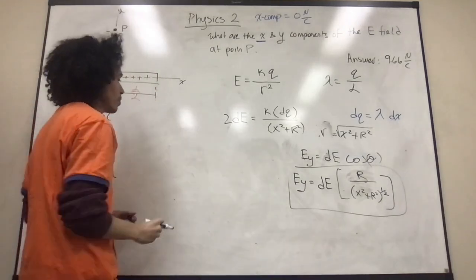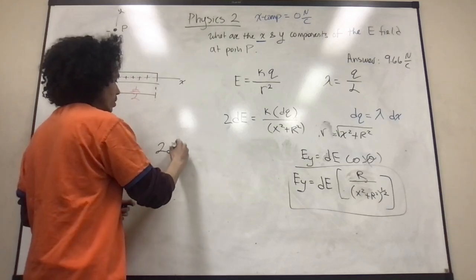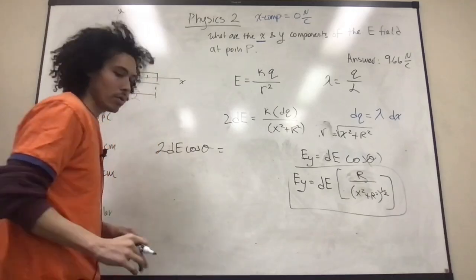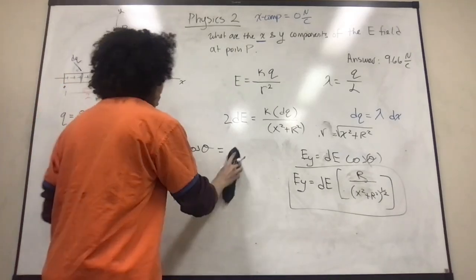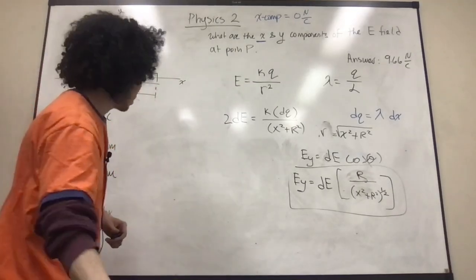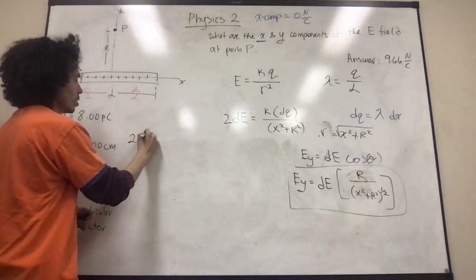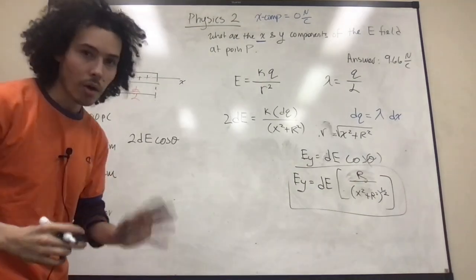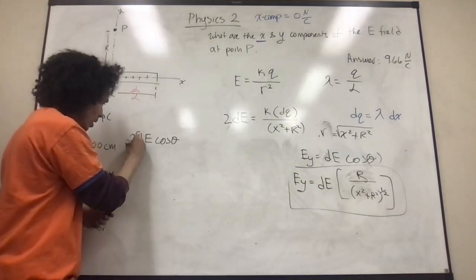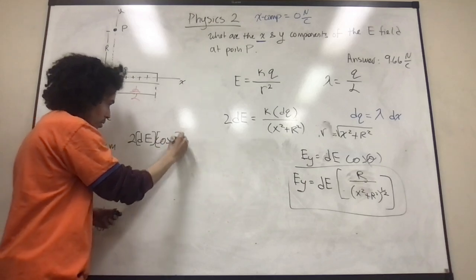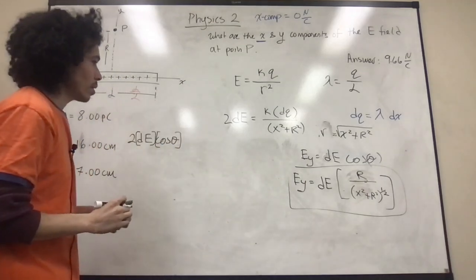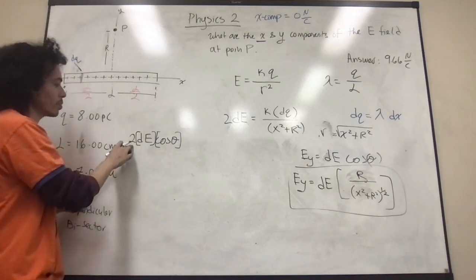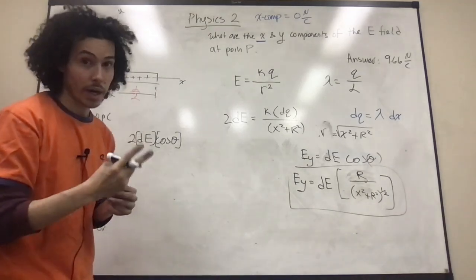So the integral is going to be 2 dE cosine of theta, which is equal to... Let me put this right over here on this side. Yeah, 2 dE cosine of theta. We spend all this time defining what is dE, what is cosine, and also we've explained why we're doing the integration 2 times.